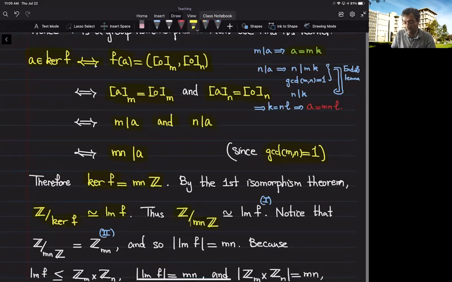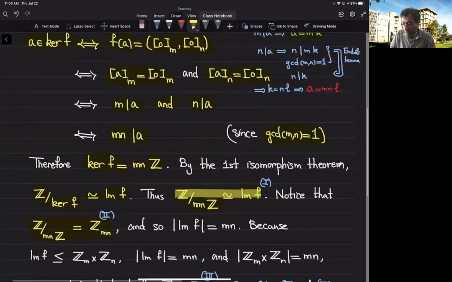So Z over mnZ is isomorphic to the image of f. We have discussed that this factor group is indeed equal to the set of integers modulo mn. And because I have this isomorphism, we deduce that the image of f has mn elements.